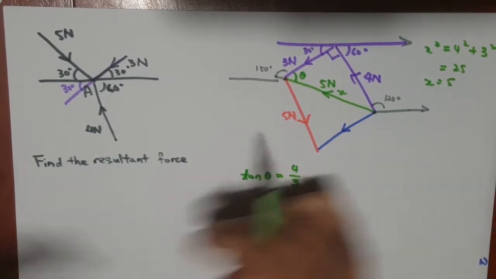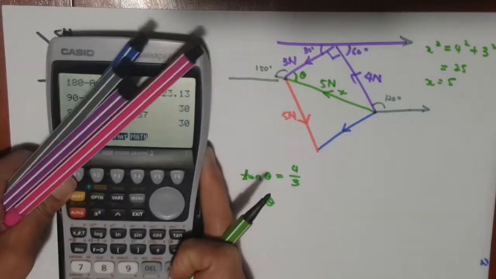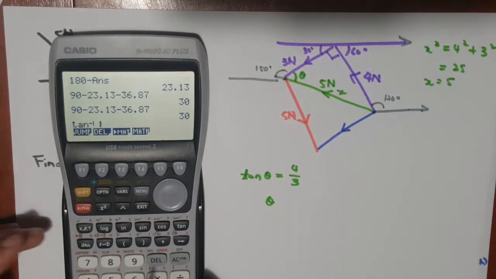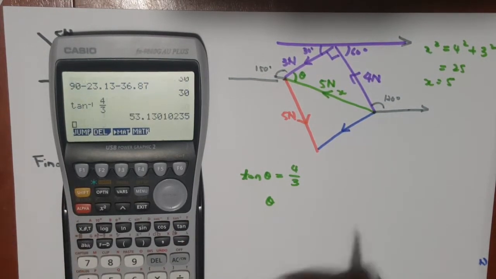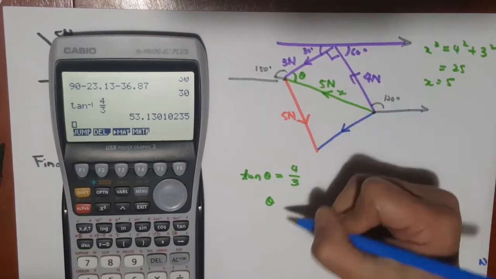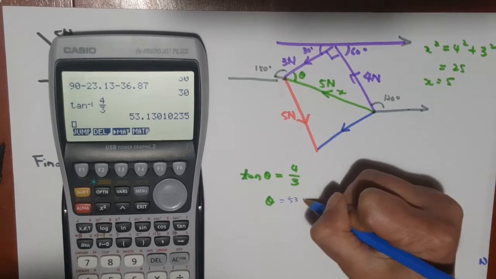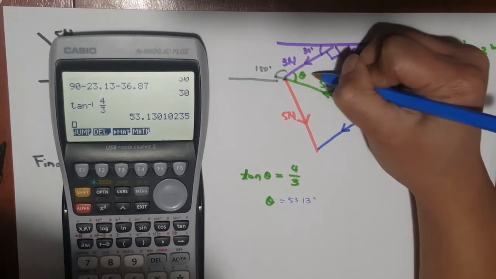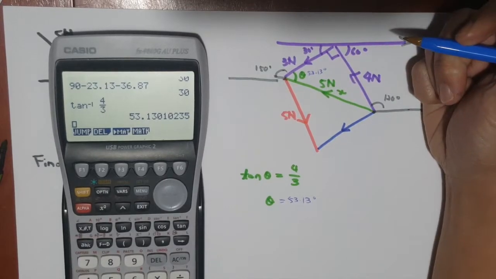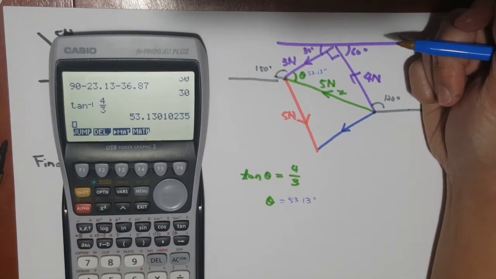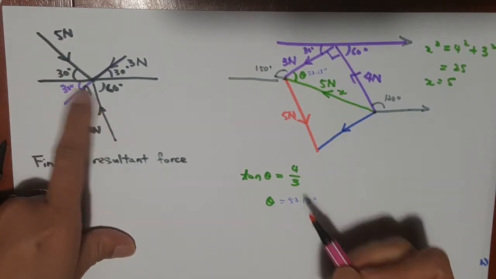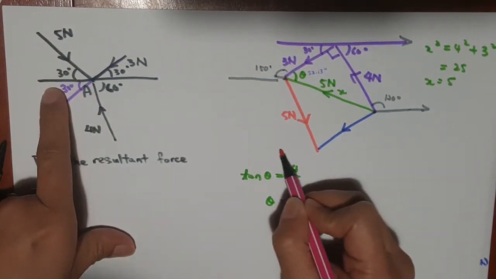In order to get theta, I can shift tangent 4 over 3 to get 53.13. So this will be 53.13. Knowing this, I know that this makes 30 as well.